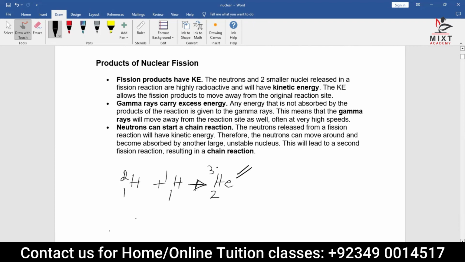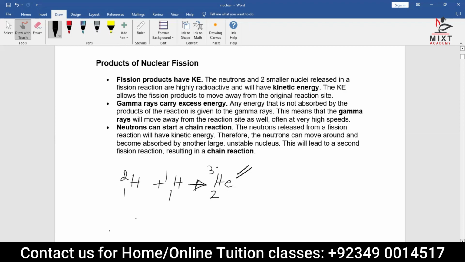What is the third major difference between a fission and a fusion reaction? Fusion only happens in, like, the sun. So you can say that there are specific condition requirements for the fusion reaction to happen, that is very high pressure and high temperature, which is only available on the sun.